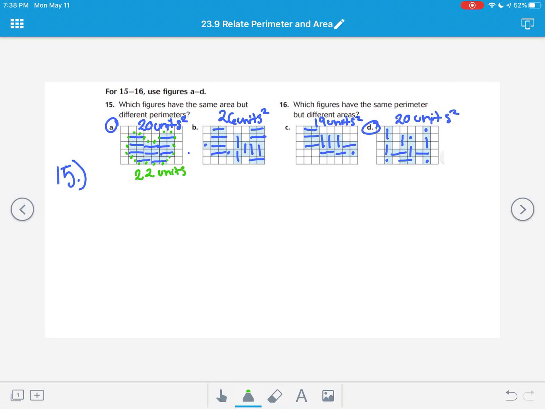Let's figure it out for D. I'm counting each side length, not squares this time. I'm counting each side length because the perimeter is the distance all the way around the figure.